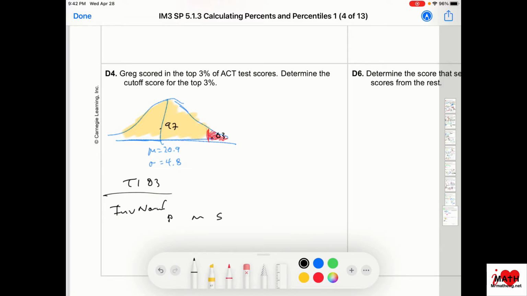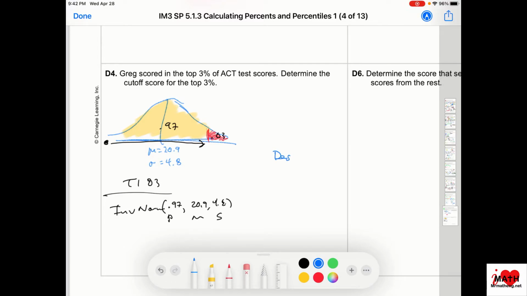So the percent we need, okay, pay attention here, when you're calculating these shaded regions, it's always going from left to right. Okay? So in this case, you actually have to calculate 0.97. And then the mean is 20.9, and then standard deviation of 4.8.